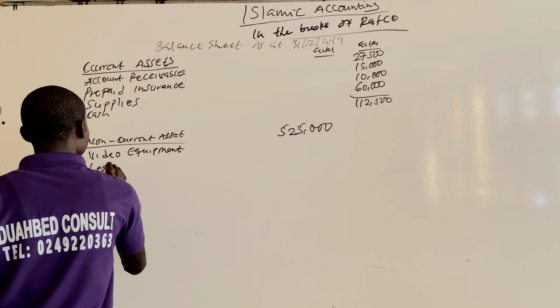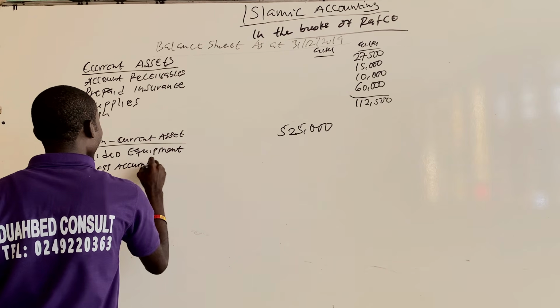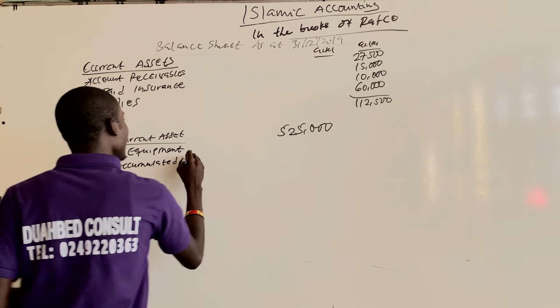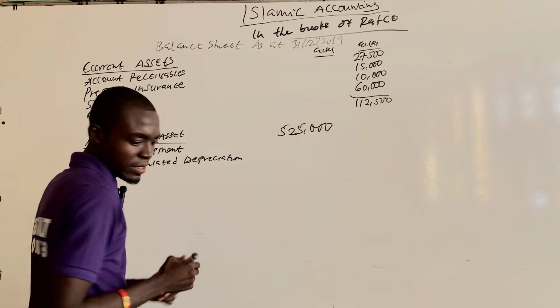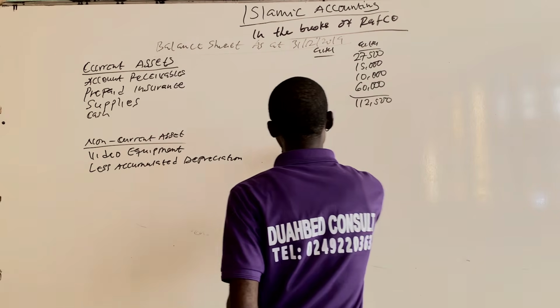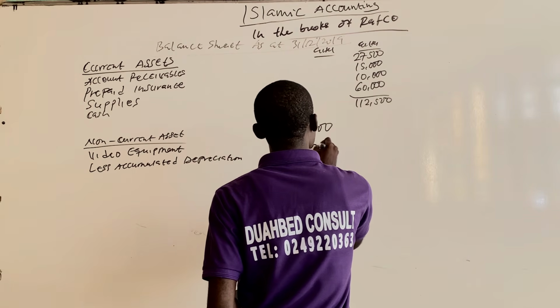The value of accumulated depreciation is 70,000.